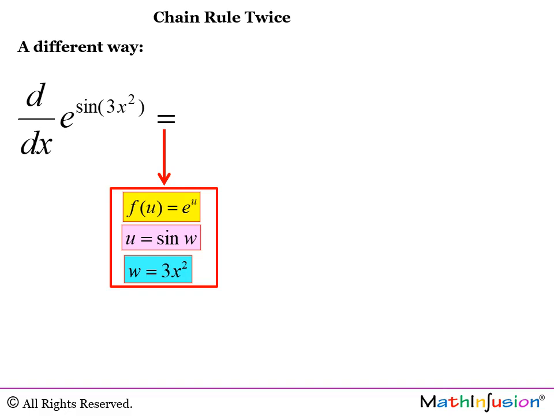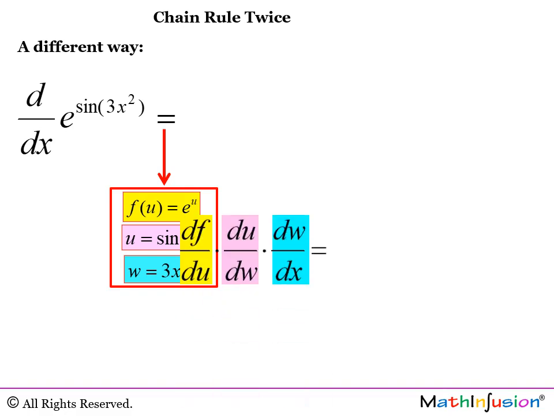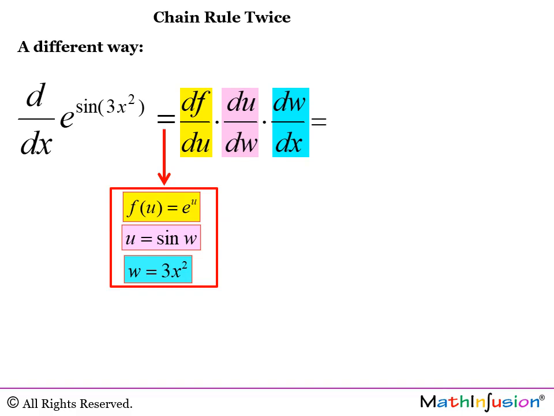The first function is a function of u, so I can only differentiate this with respect to u, and I get df/du. But the u function is only a function of w, so I can only differentiate this with respect to w, and I get du/dw. And then I see that w is a function of x, so I get dw/dx. It's Leibniz notation.